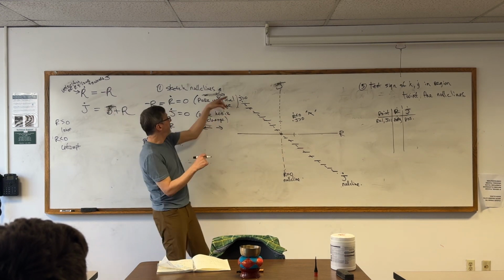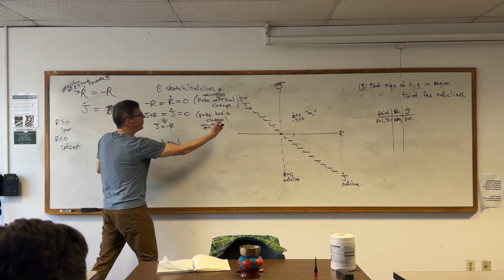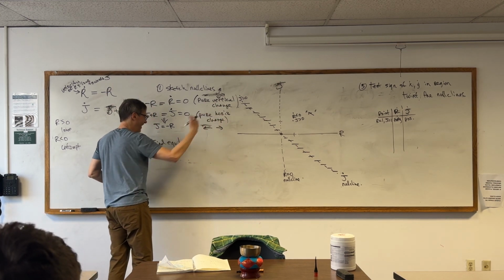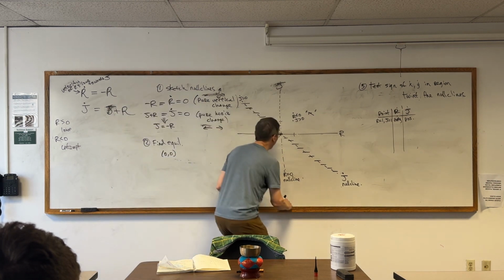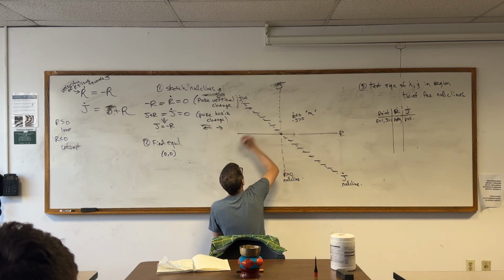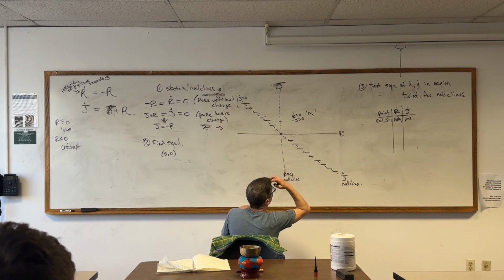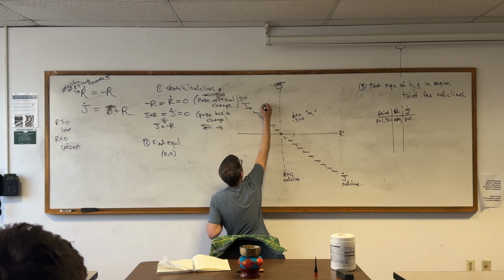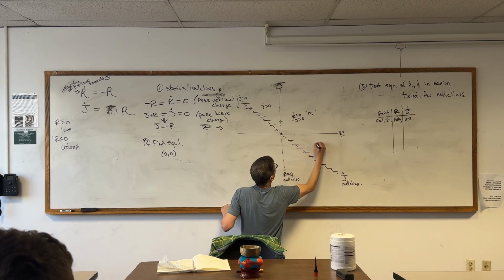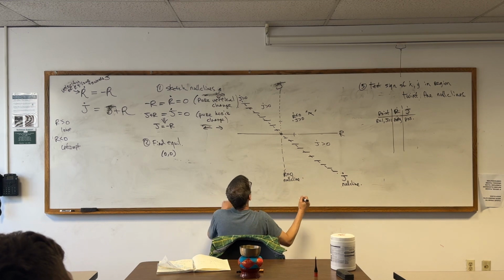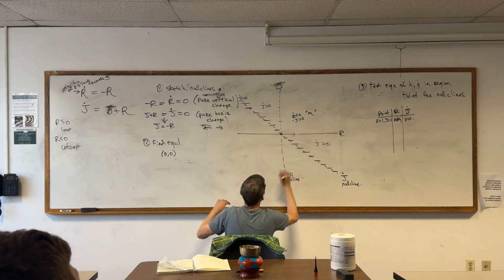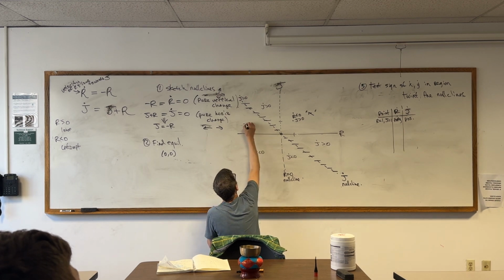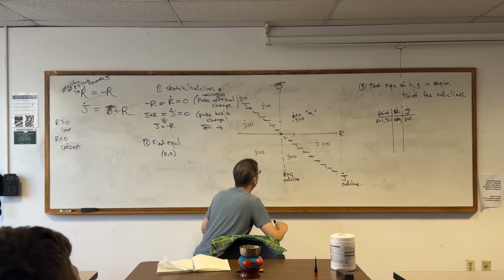The rates of change will generally change sign as you pass over a nullcline. For a couple of weeks, that's going to be true. So if j dot is positive in this whole region, I know j dot is positive here, and here, and negative in this lower half. So let's go ahead and do that. J dot is negative, j dot is negative, and j dot is negative there.